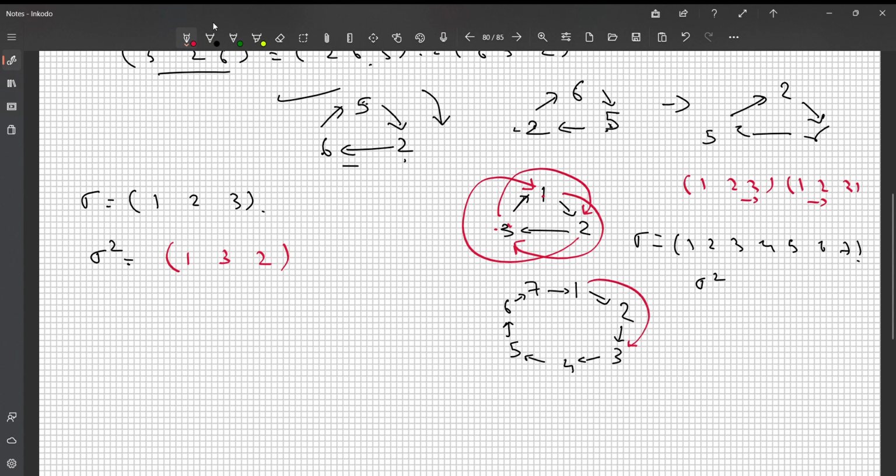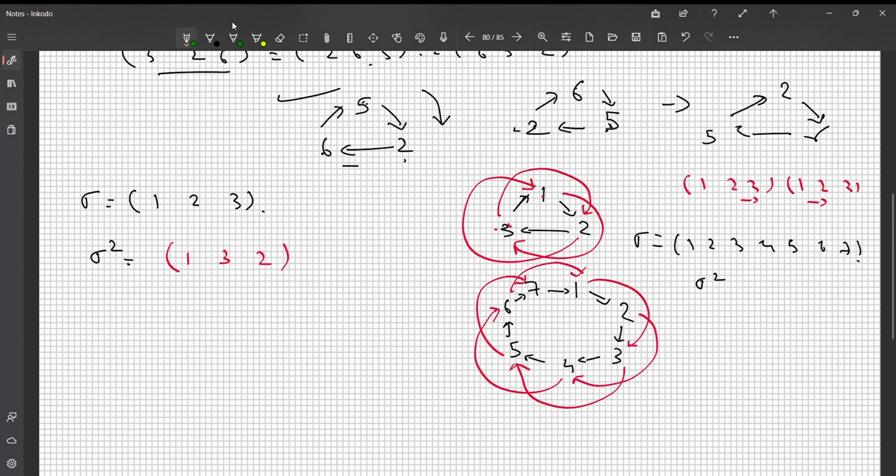Now suppose you denote this as sigma. Then what is sigma squared? Sigma squared is 1 getting mapped to 3, 2 to 4, 3 to 5, 4 to 6, 5 to 7, and 6 to 1.